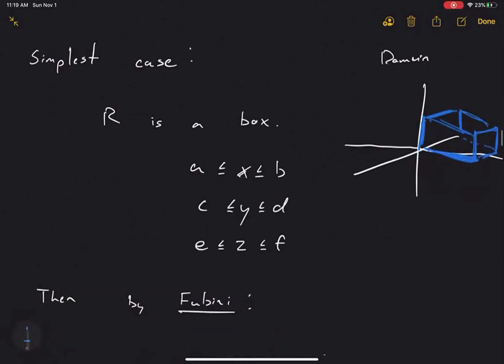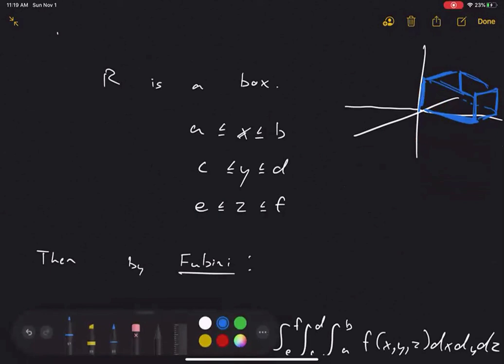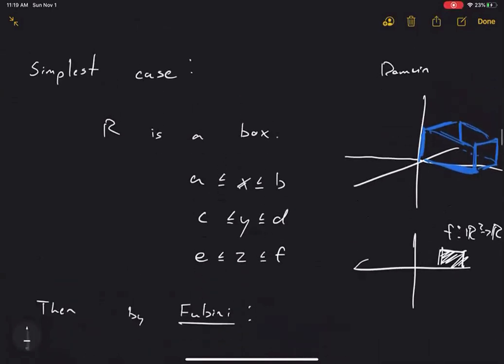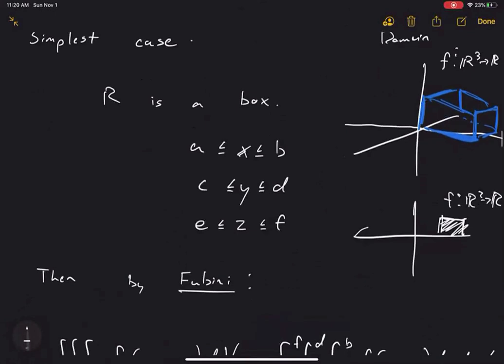That's going to be the simplest case, when I'm just integrating on a box. That's similar to when we had functions from R2 to R, where the simplest case was when we were just integrating on a rectangle. In this higher dimension, for f from R3 to R, the simplest case is when we have just a three-dimensional box.